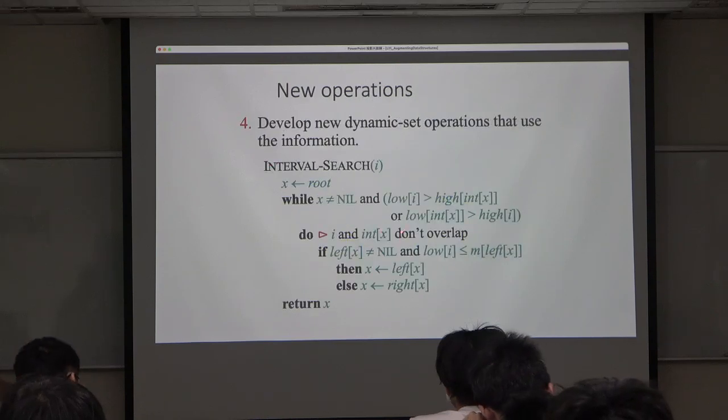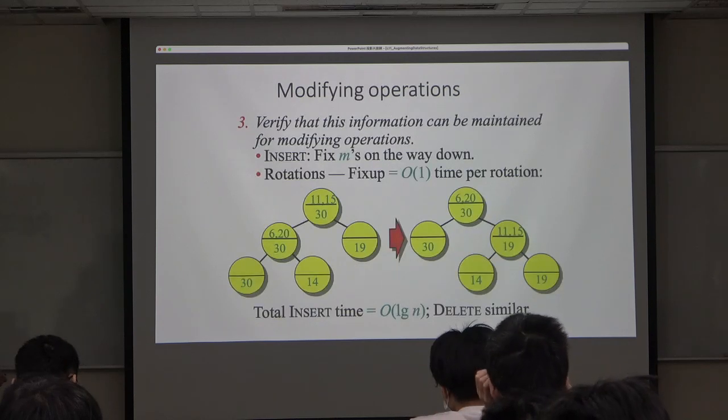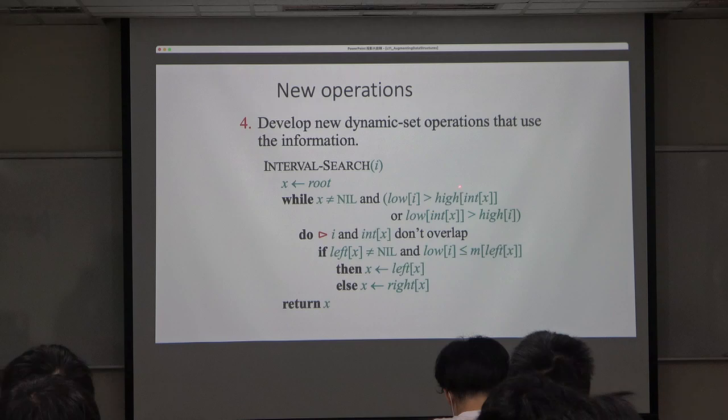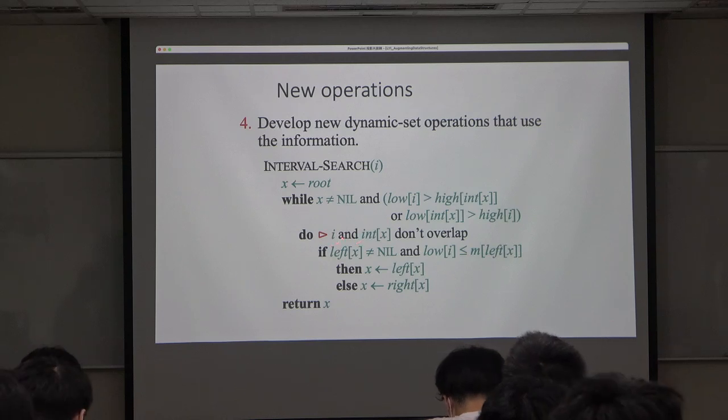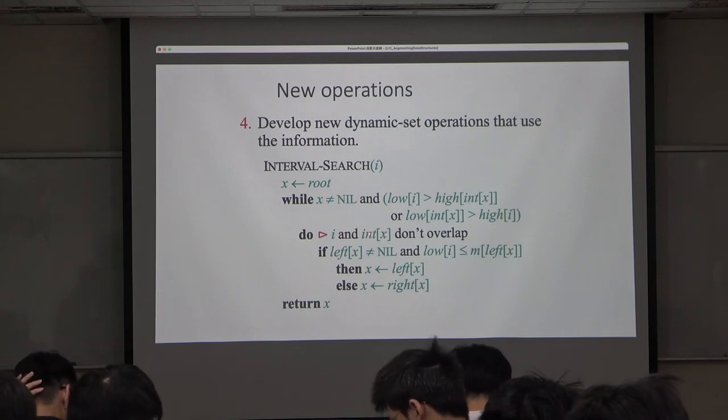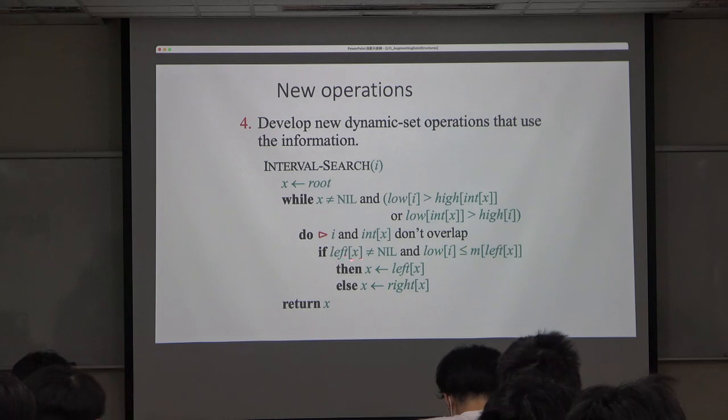So then we have the query interval, I. If I and the interval x don't overlap, we look at the left child of x.